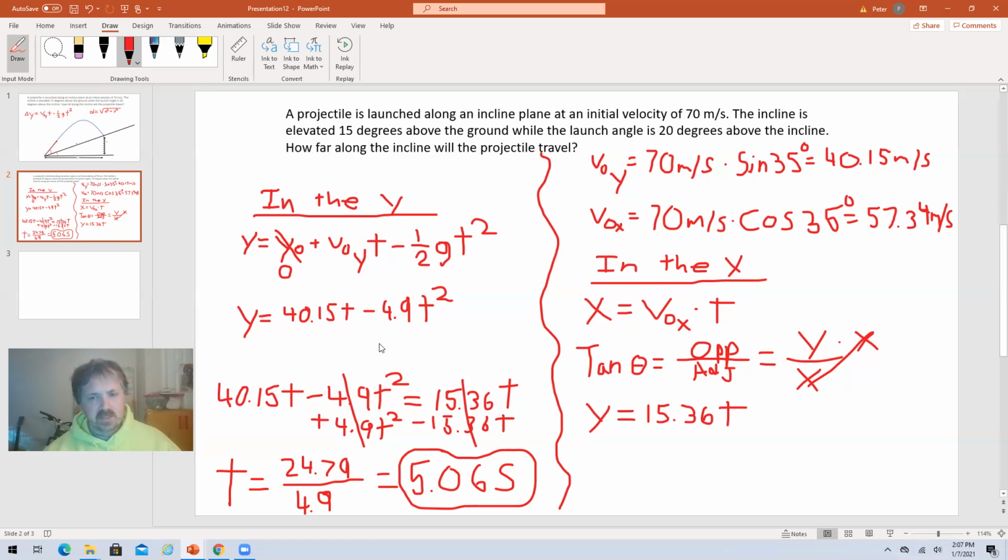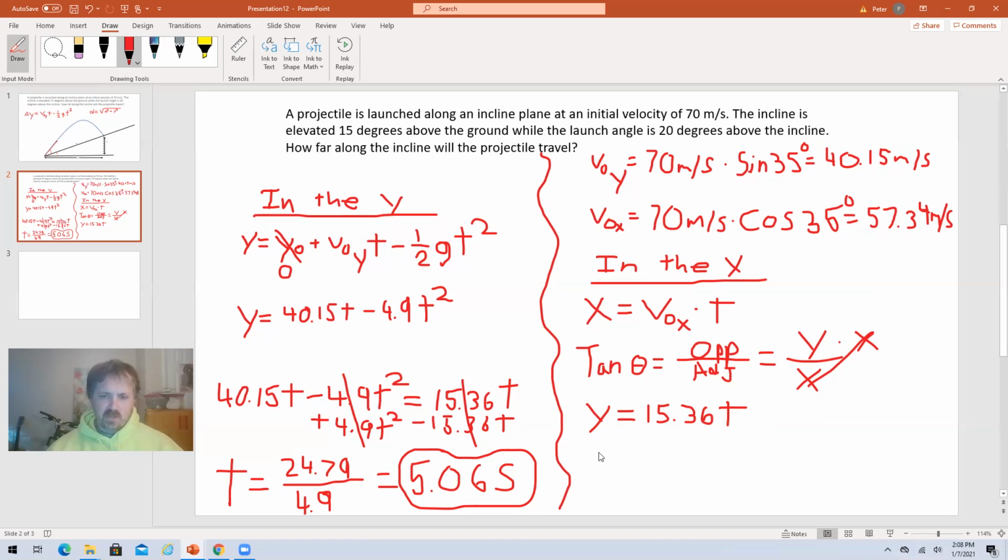So it's good for students that solve problems like these to try and not round as much as possible, but just for convenience's sake here, I've done a little bit of rounding, but these should ideally give you basically the same answer. Okay, so let's go with the simpler one right here. Let's go with y equals 15.36 times t.